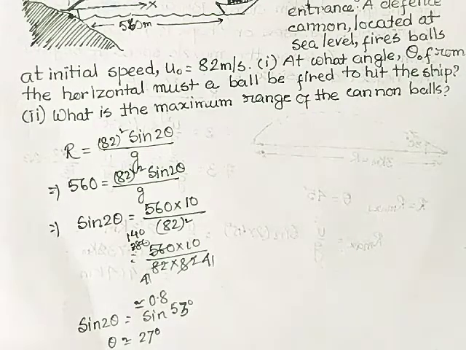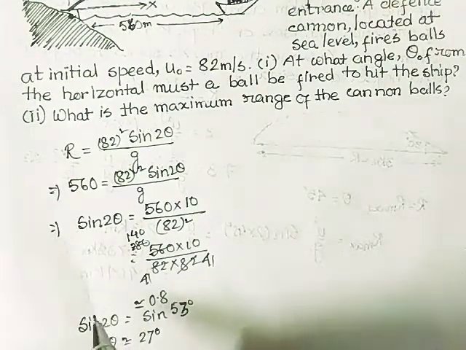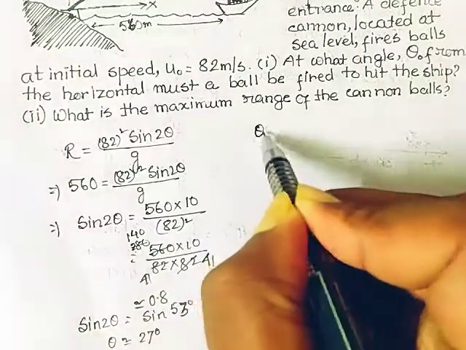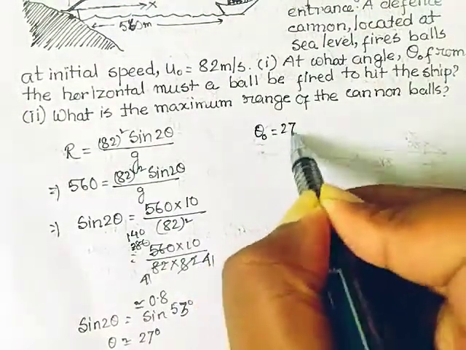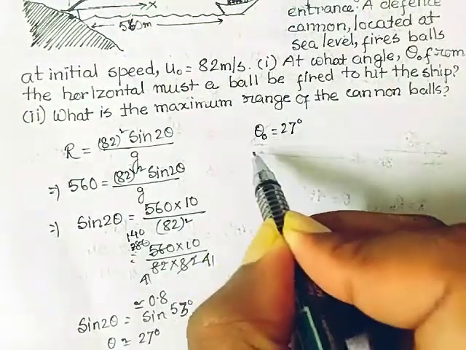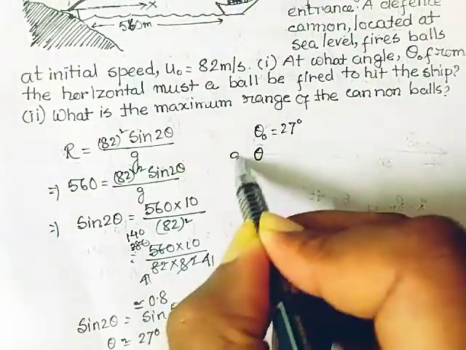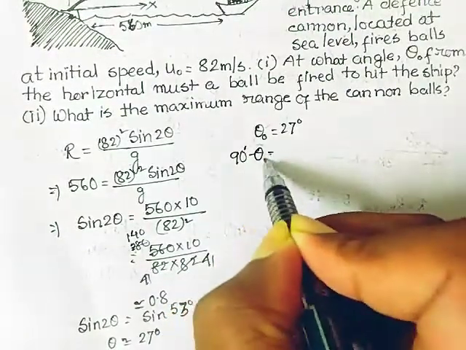Since we know that for a constant value of range, one angle through which it can be thrown is 27 degree, and another is the complementary angle, that is 90 degree minus theta naught.